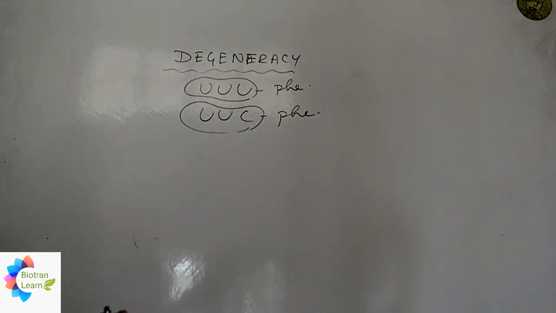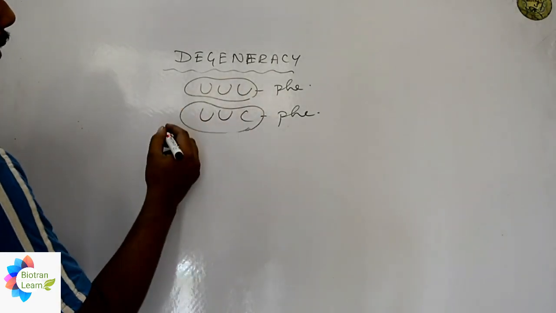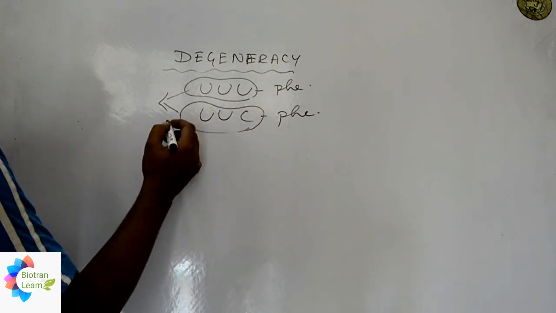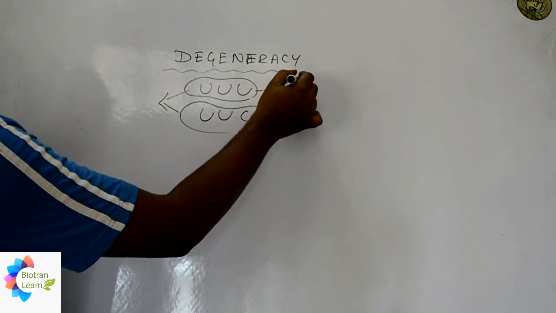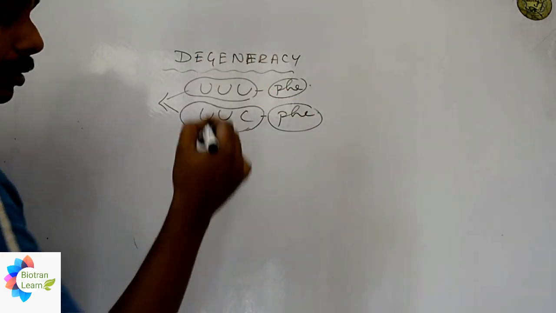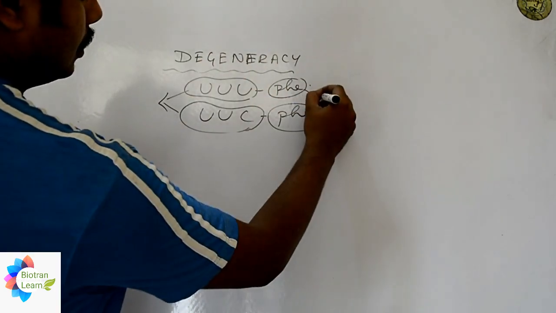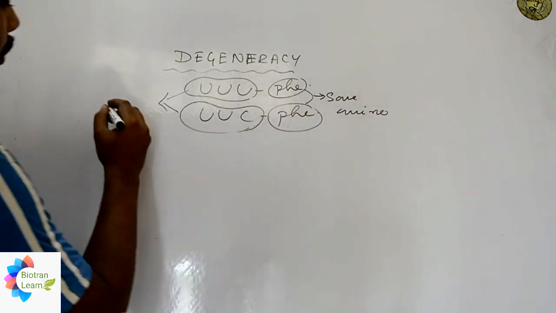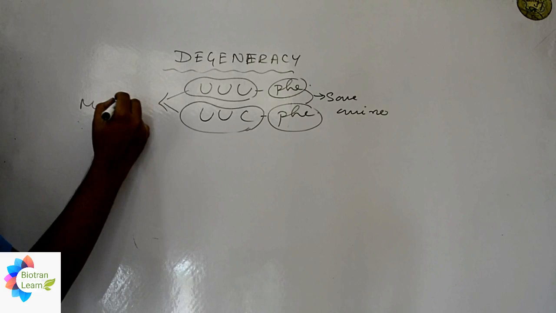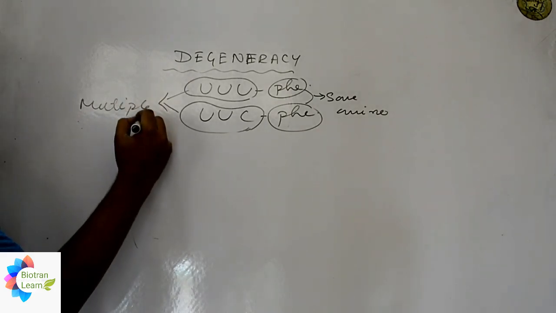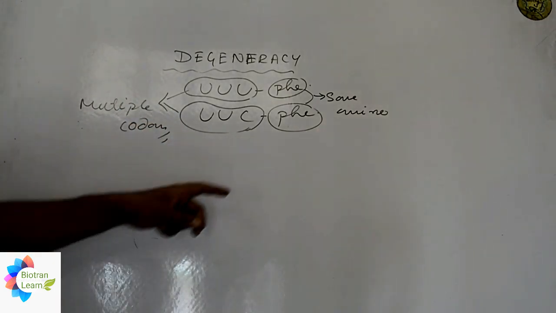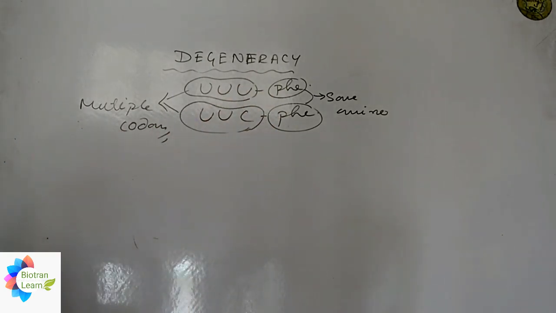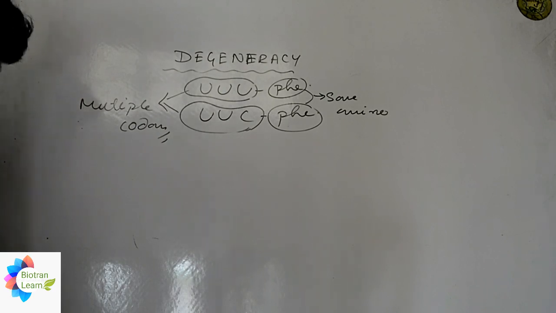So two different kinds of codons can produce the same kind of amino acid, but multiple codons are there. So we can have the same kind of amino acid from multiple codons. This process is known as the code degeneracy.